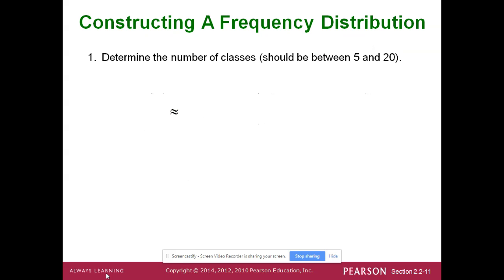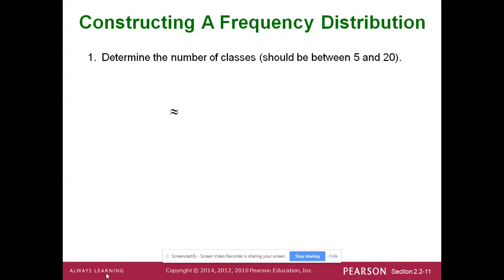Okay. All right, constructing a frequency distribution. So here we go. We need to first determine how many classes we have. Classes normally should be between 5 and 20. If you get over 20, you're probably separating your data too much and making the classes too small.